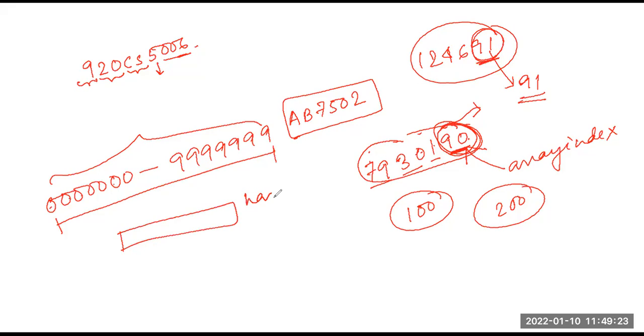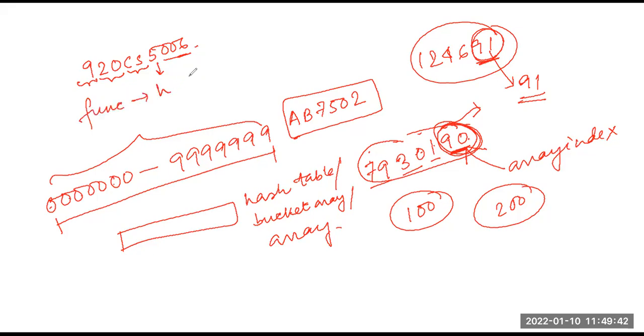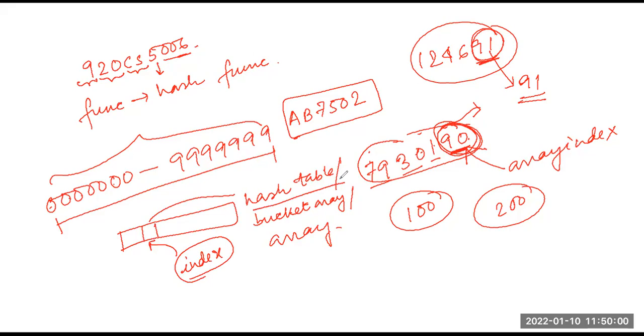That array I am naming a hash table or a bucket array or simple array, whatever name you give. I have a function which I will refer to as a hash function. That function, when applied on my key, will generate an index. This is the index where I will store my details in my hash table.